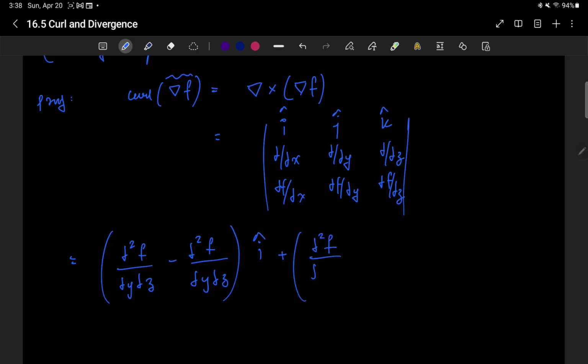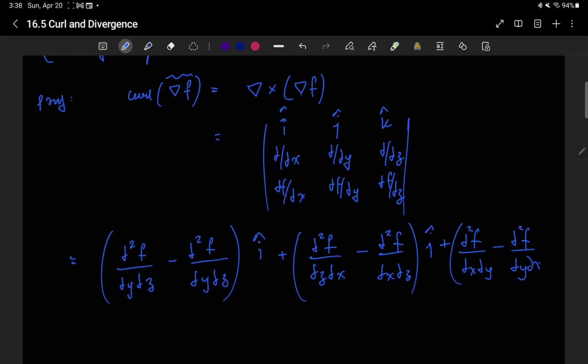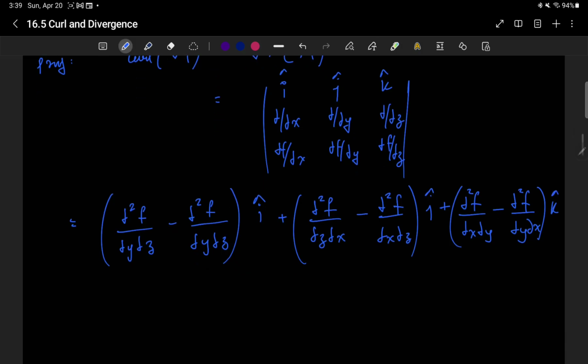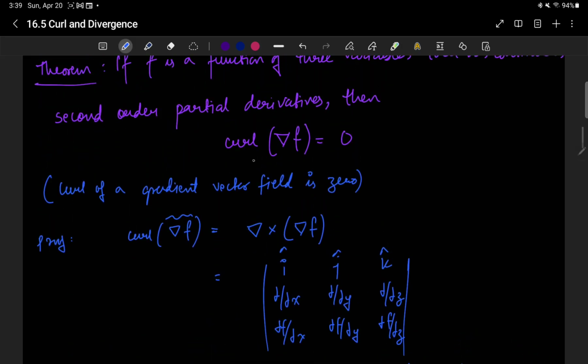You get a del squared f, del z del x, minus del squared f, del x del z, j cap, and a del squared f, del x del y, minus del squared f, del y del x, k cap. All of this is just 0. And why is that? Well, remember the theorem which says that if you change the order of second order partials, they are the same. So we have a nice result that if you take the curl of a gradient vector field, it is always 0.